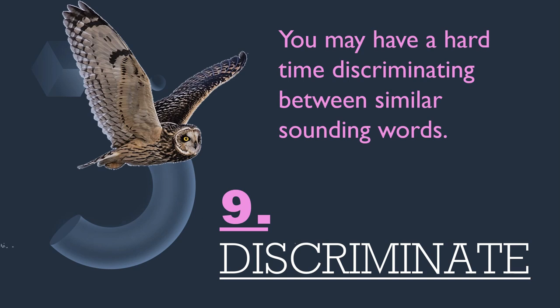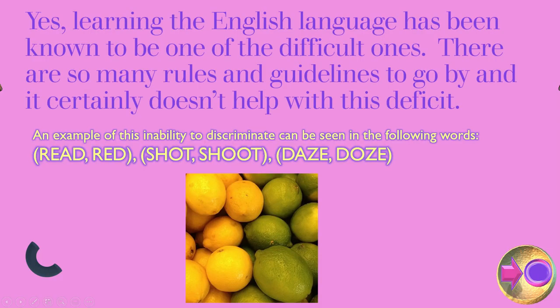Number 9, discriminate. You may have a hard time discriminating between similar sounding words. Yes, learning the English language has been known to be one of the difficult ones. There are so many rules and guidelines to go by, and it certainly doesn't help with this deficit.